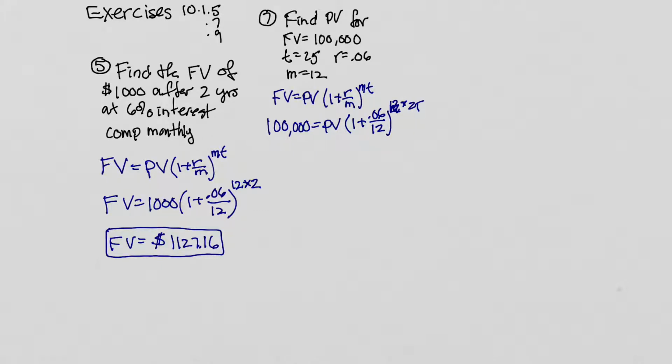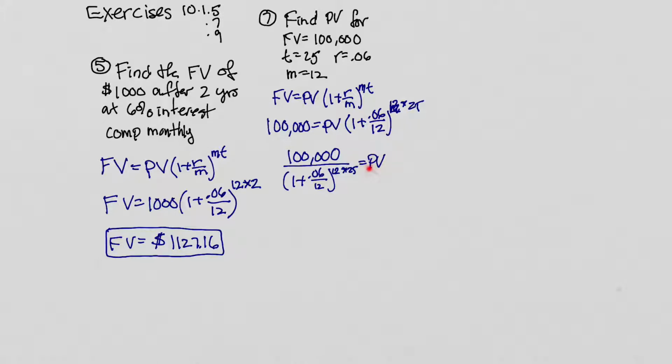So we can solve this for PV by dividing by this number. Take 100,000 and divide it by this number, and that is the present value.